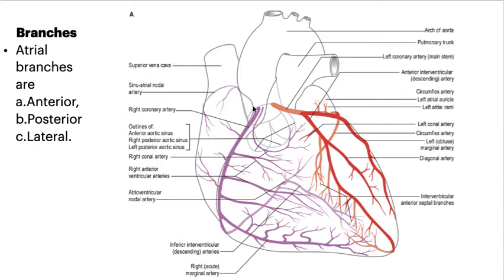Branches: the right coronary artery gives atrial branches to the atrium, which are anterior, posterior and lateral, right?